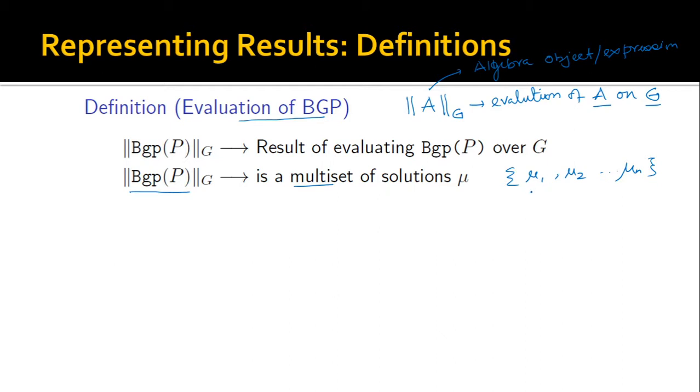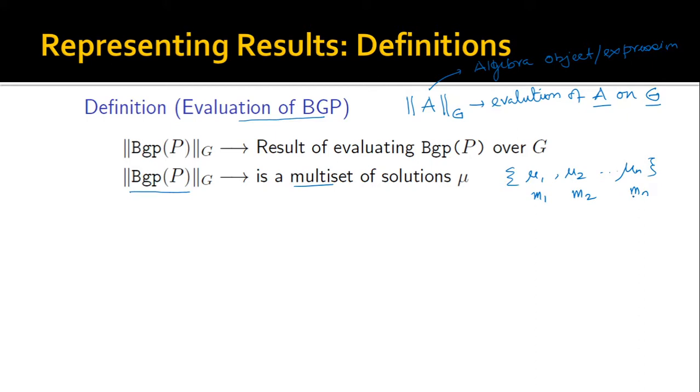So mu1 will be coming with, for example, count m1, mu2 will be coming with count m2, and mu-n comes with say mn. I should be using different notation.